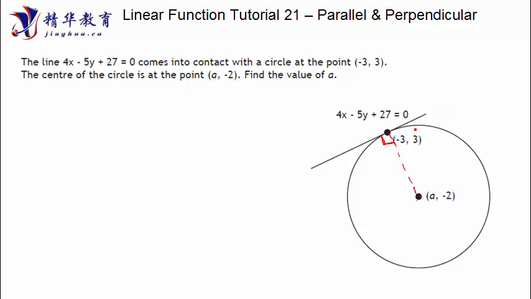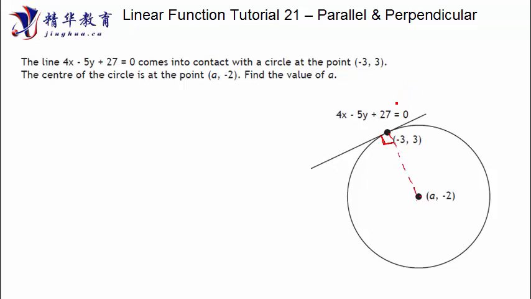The tangent line has a tangent point on the circle. From the center of the circle, we get the radius. The radius is going to be perpendicular to the tangent line. That is one of the rules for circle geometry. If you don't know this one, it's okay, I'm telling you right now. Then we're going to use this to finish the question we have here.